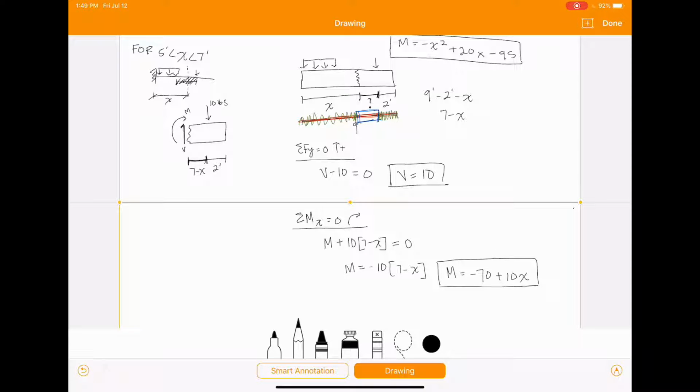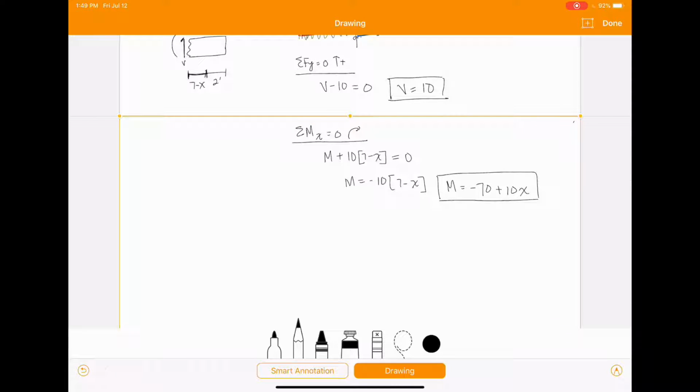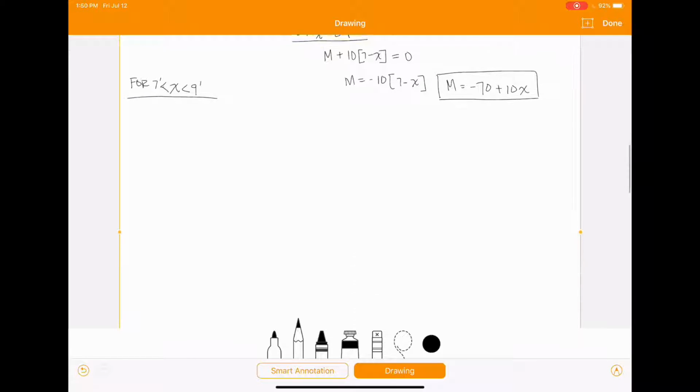So we're done with our middle section of the beam now, and we can go ahead and move on to find equations for x being between 7 feet and 9 feet. Again, if we just quickly redraw our beam to remind ourselves what we're working with.